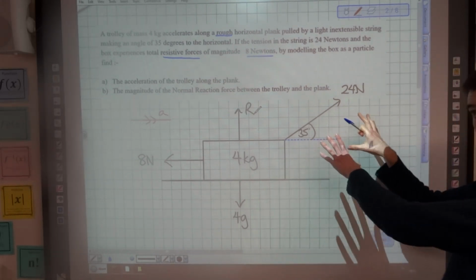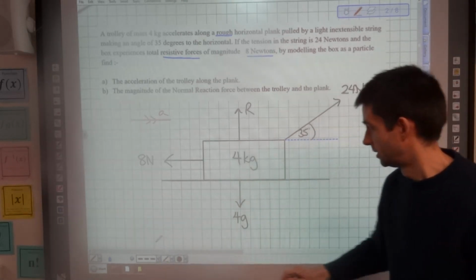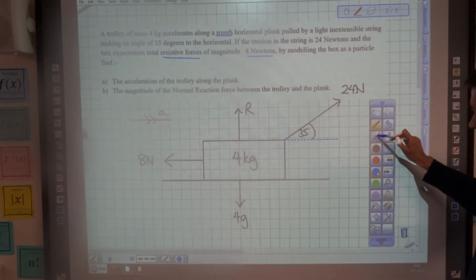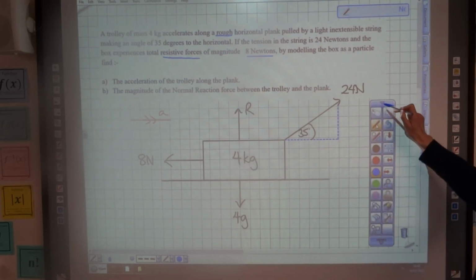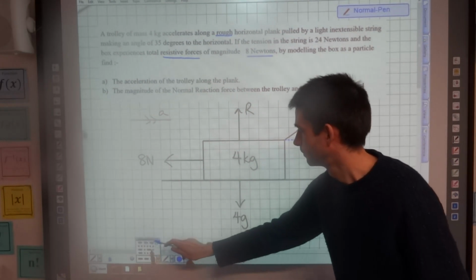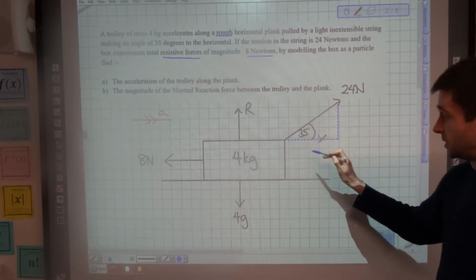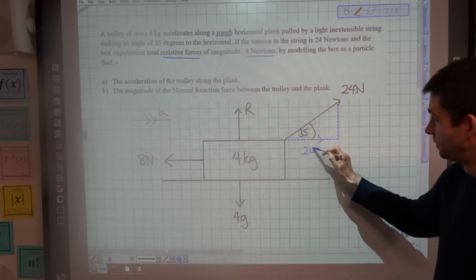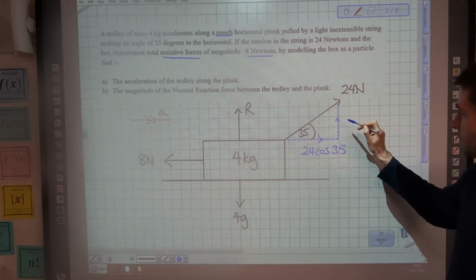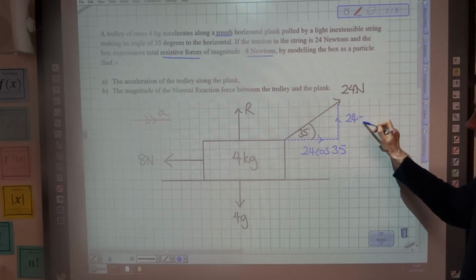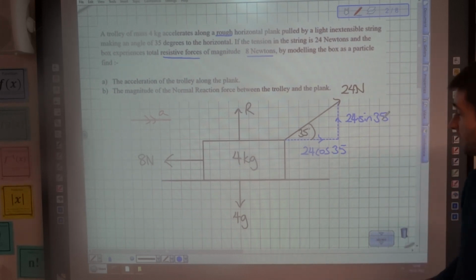What I'm now going to do is resolve this force, which is at an angle, into its 2 component parts. I'll add in the vertical component going up. The one adjacent to the angle I'm going to label as 24 cos 35, and the one opposite to the angle I'm going to label as 24 sine 35.